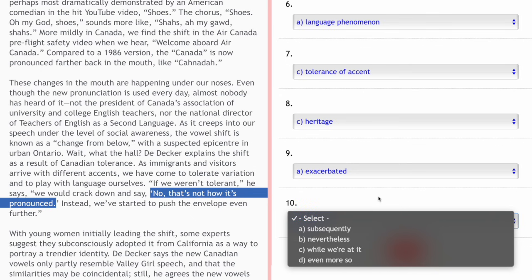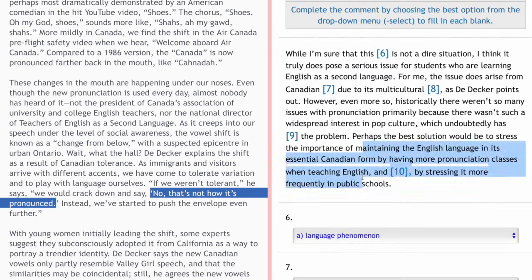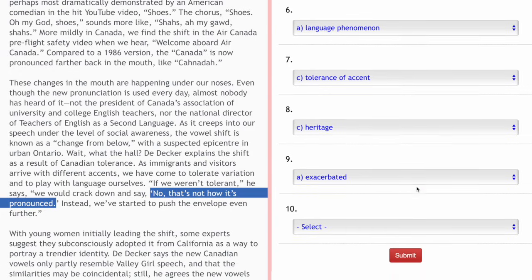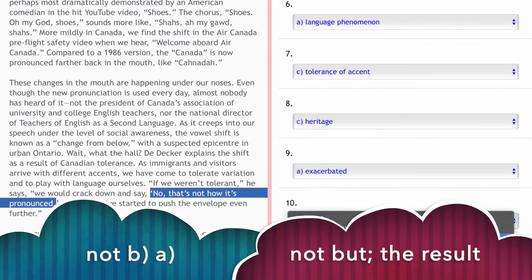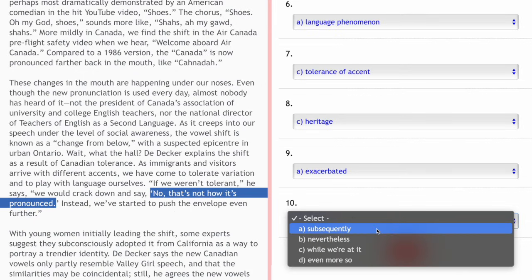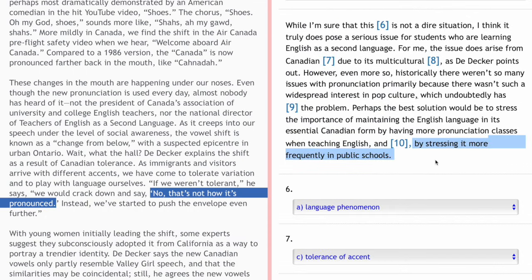So, connector. This one is about teaching pronunciation in classes and stressing it more. Sounds like a positive. Nevertheless means but, subsequently means we will do it after. So even more so, and even more so by doing this.